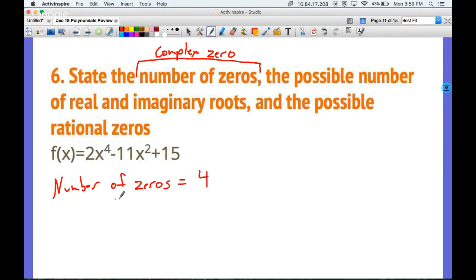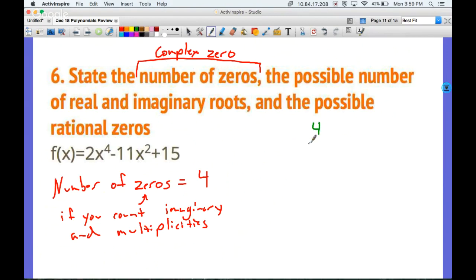It's always equal to the degree. There's a kind of a caveat here. It's like if you count imaginary and multiplicities separate.